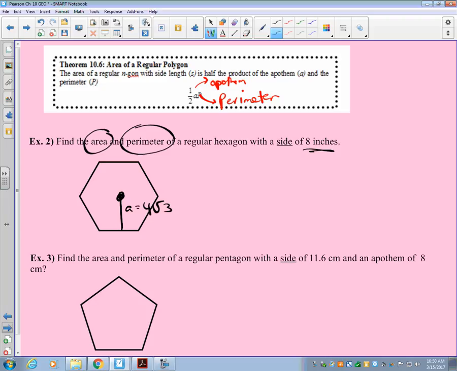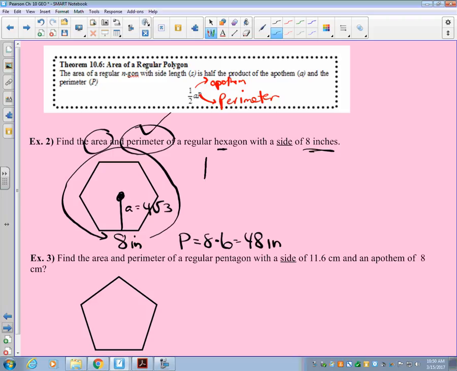So the apothem is 4 root 3, and if our side length is 8 inches, what's the perimeter? 8 times 6, and that's 48 inches. So we found the perimeter. Now we're going to use the formula to find the area.